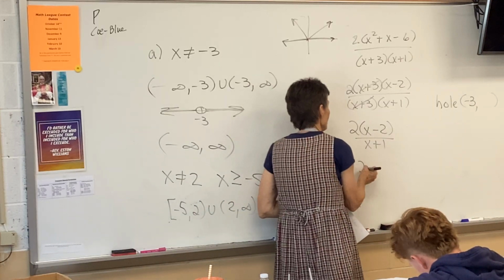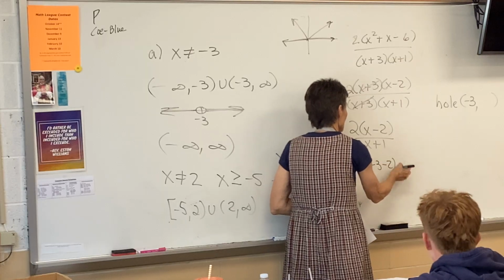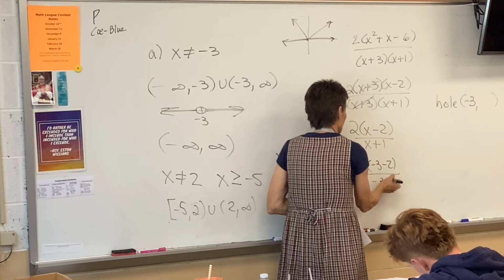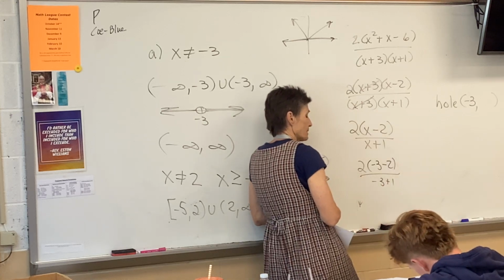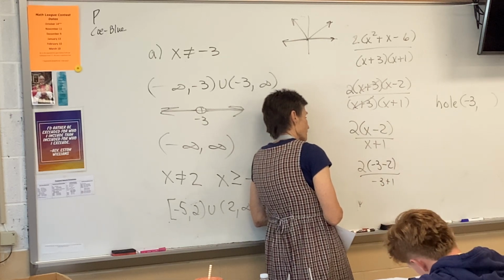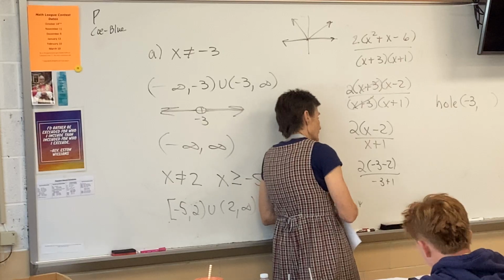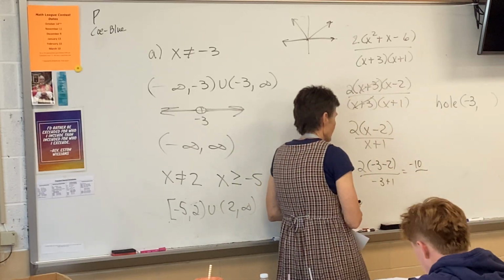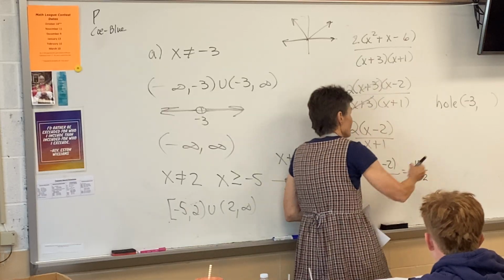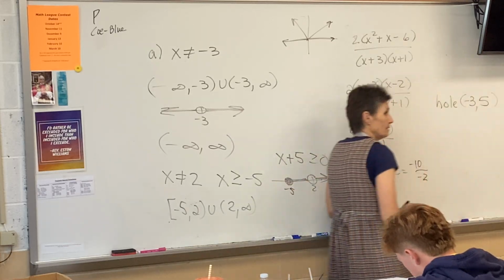So 2 times -3 minus 2, over -3 plus 1. -3 minus 2 is -5 times 2, so that's -10 on top, -2 on the bottom, so that gives me a 5.